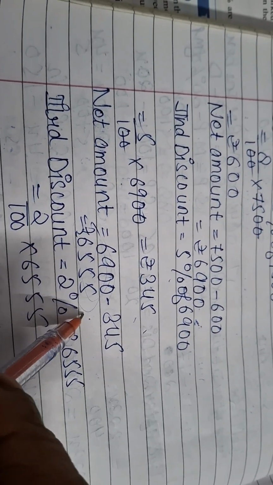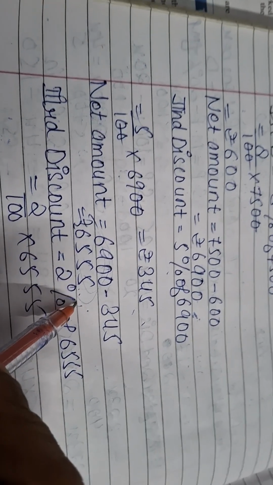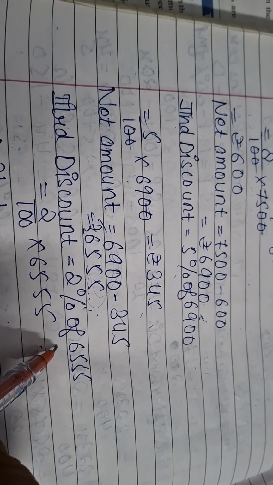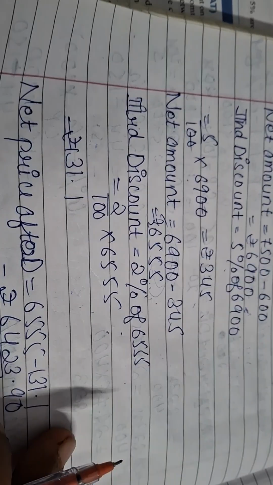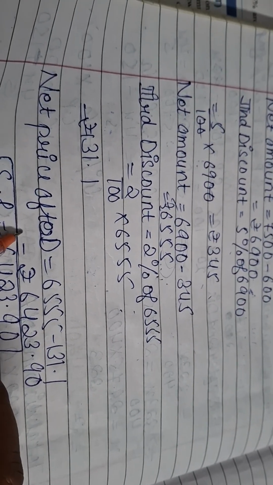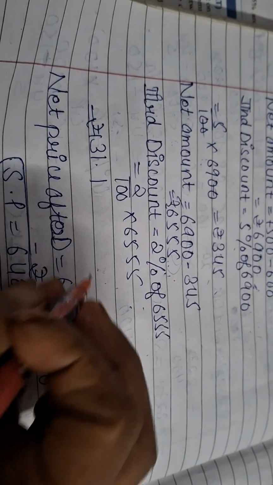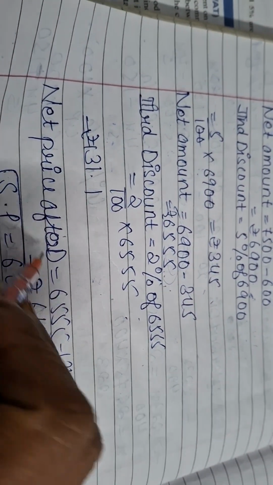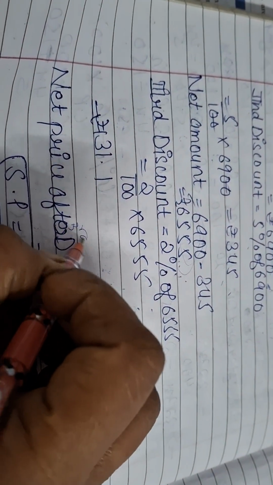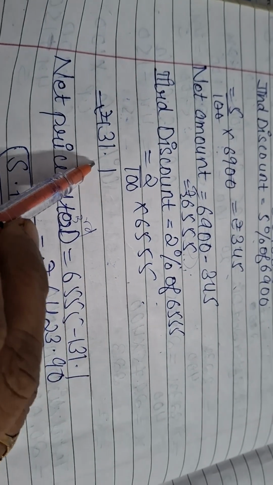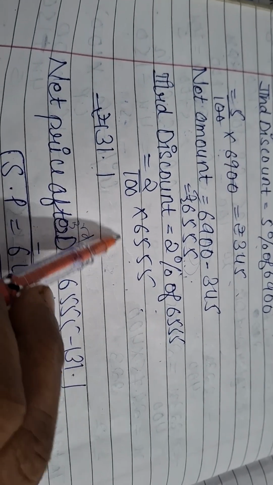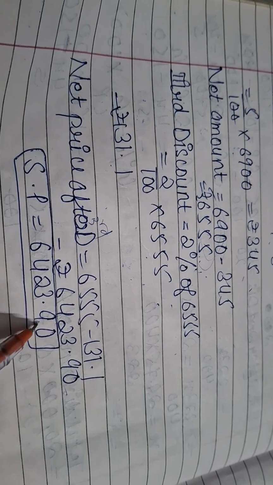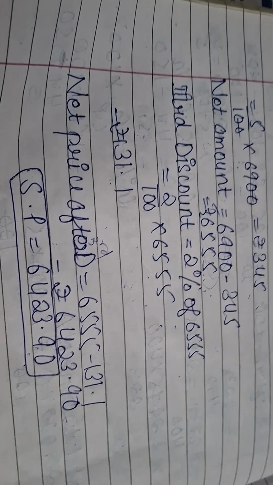Third discount is 2% of rupees 6,555. Calculate it. So net price after the third discount, you will calculate minus 131.1 from 6,555. This is our net amount. This is our net selling price.